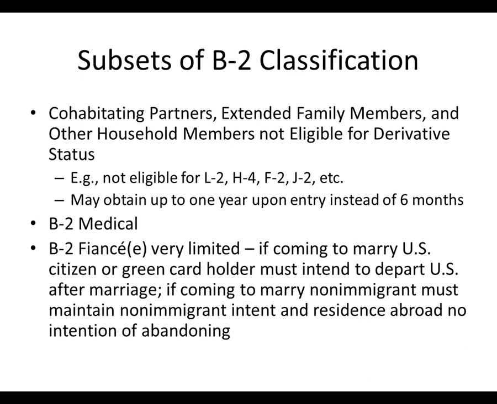But the elderly grandmother may be able to obtain B2 status, and if the visa is properly annotated as B2 extended family member or other household member, may be able to properly be admitted for the 365 days as opposed to the 6 months, and extend their B2 status indefinitely along with the principal H1B applicant if done the proper way.